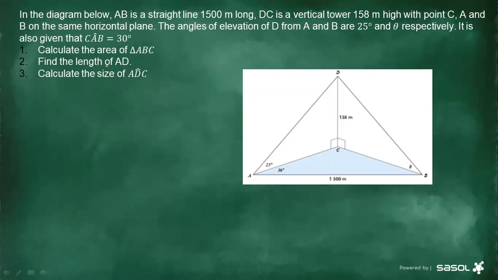All right, now let's calculate the area of triangle ABC. Remember, for us to be able to calculate the area of that triangle, we must have two sides and one angle which is between those two sides.